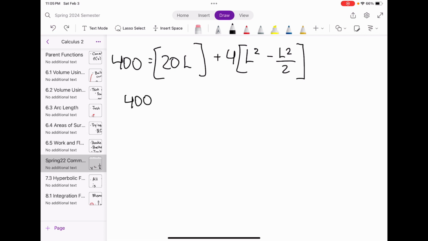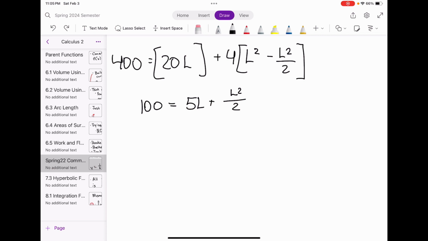Well, I could still do that. I'm going to divide everything by 4. So it's 100 is equal to 5L plus, and it's just going to be L squared over 2, because this is just the same thing as 2L squared over 2. Alright, it's kind of common sense there.